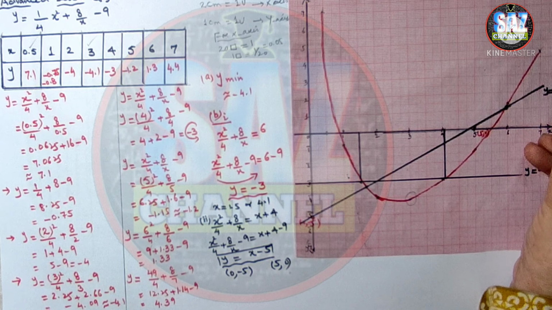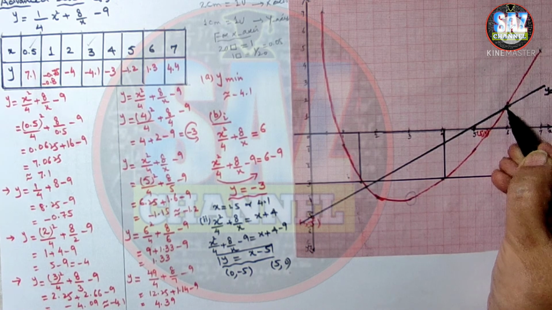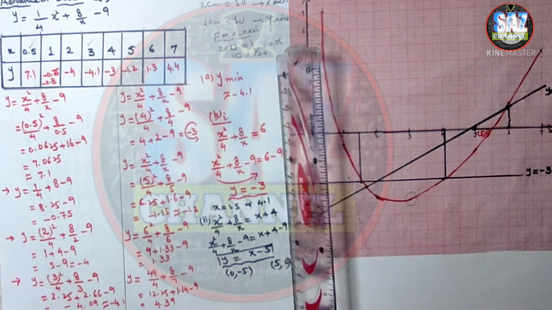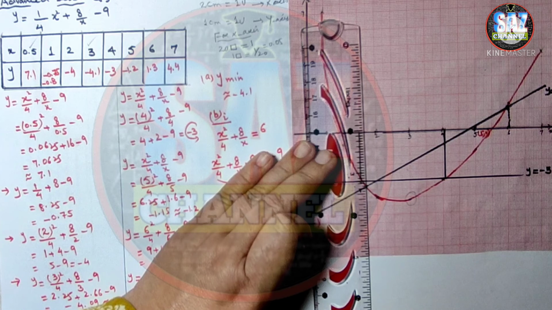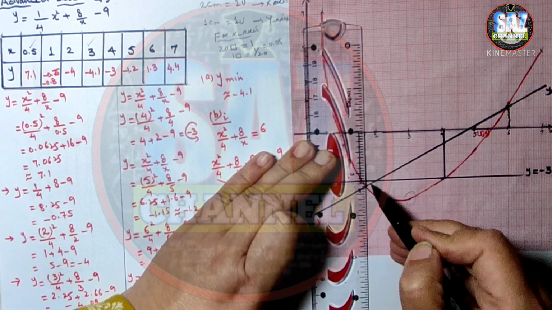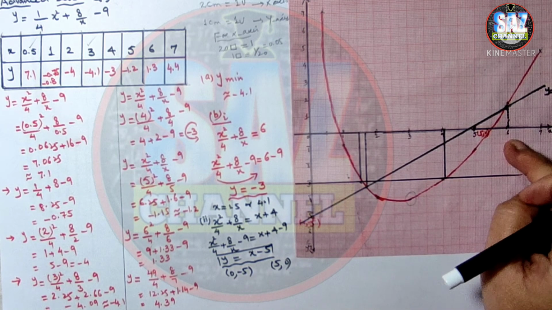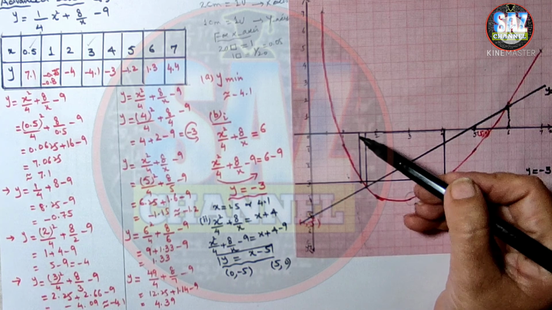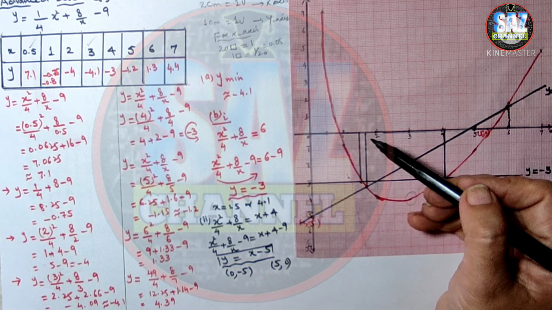This is y equals x minus 5, and now see that this line is meeting the curve at this place, and now I have to read the graph value on this side as well. This place is really clear that this is 6, but for this one I have to read the graph carefully: after 1 this is 1.5, and 1, 2, 3 blocks after.